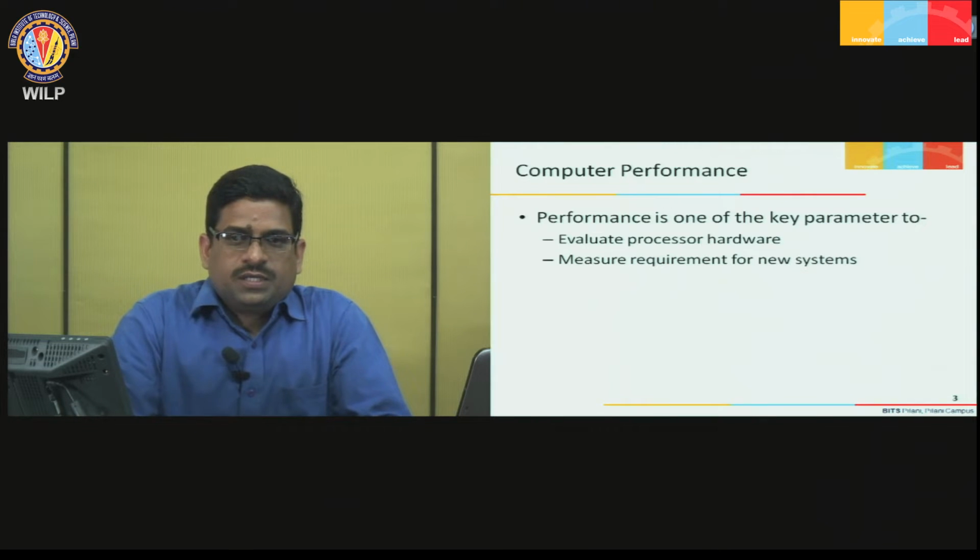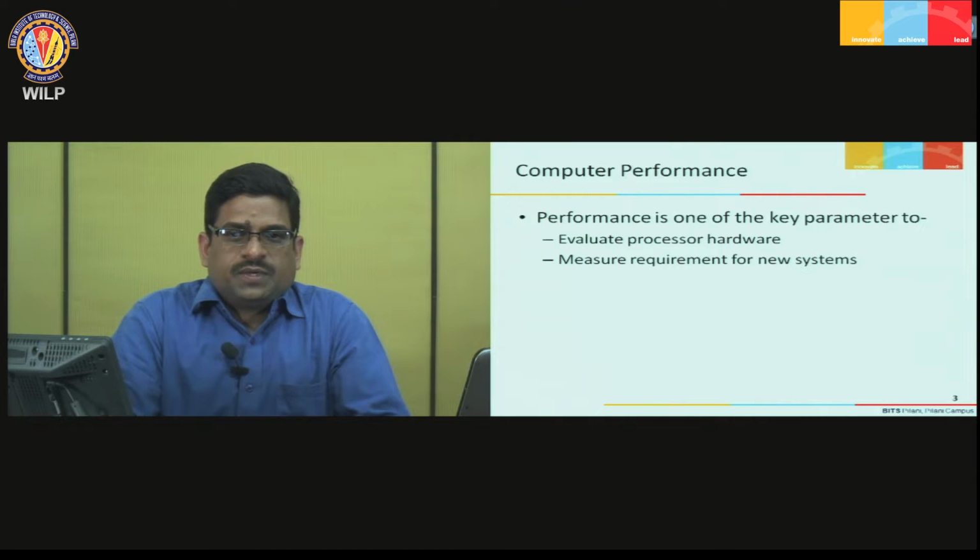So, first of all, look at what the key parameters are. When you try to purchase a computer for your programs or for your organization, you need to look at what sort of machine you are going to purchase.